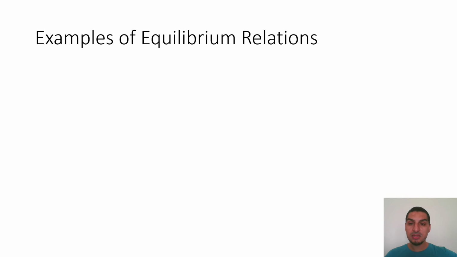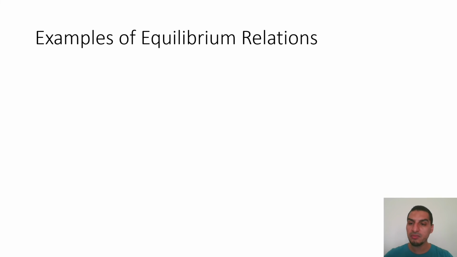So there is one last thing that I want to share with you before we finish this part, which is examples of equilibrium relations. So we know already that there are many mass transfer processes that, as we discussed before, require different equilibrium relations.